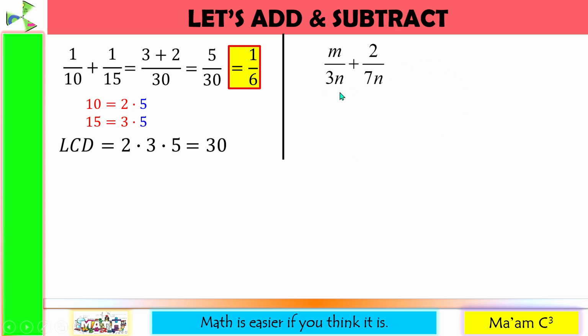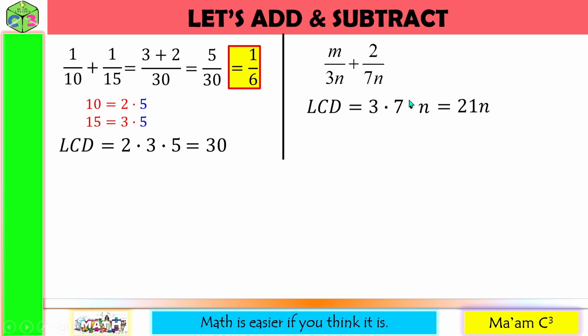Let's determine the LCD, and that would be the product of all unique factors. That would be 3, 7, and n. 3 times 7 is 21 times n is 21n. This is our LCD.